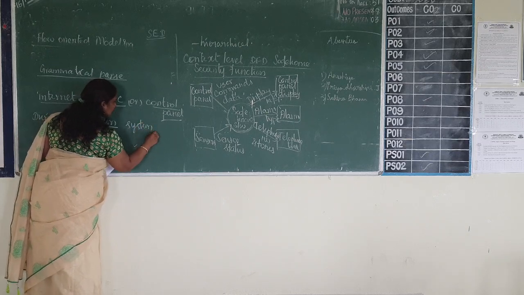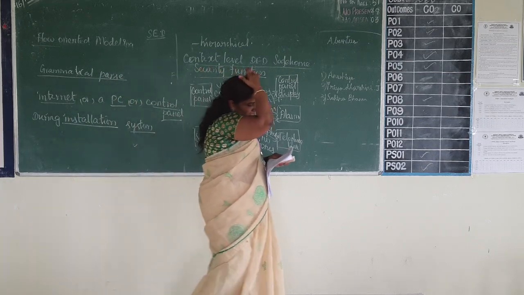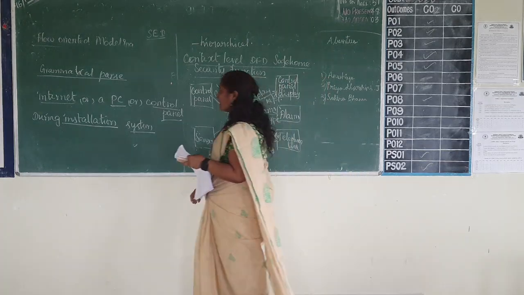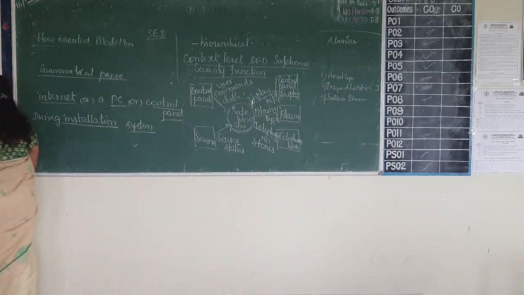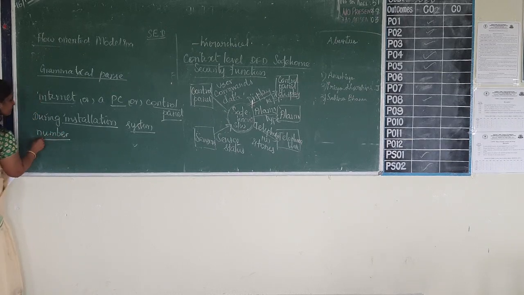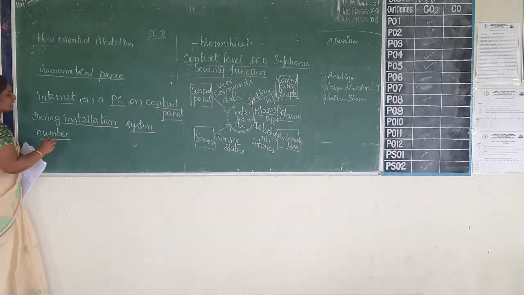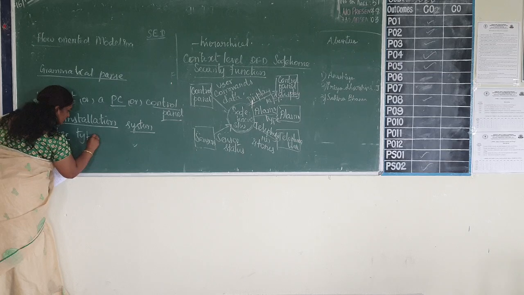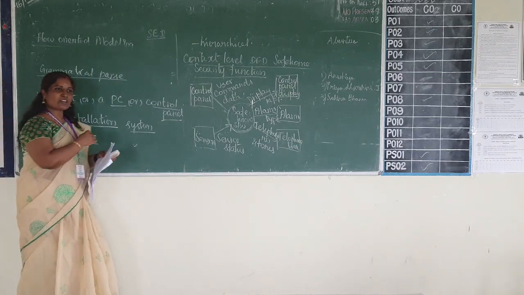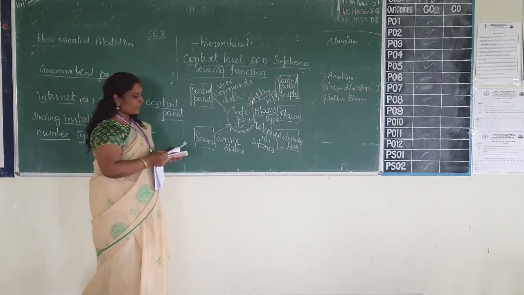Underline system. Each sensor is assigned a number and type. Underline number, and type also. These are all the things that are going to become data objects now: sensor, number and type.